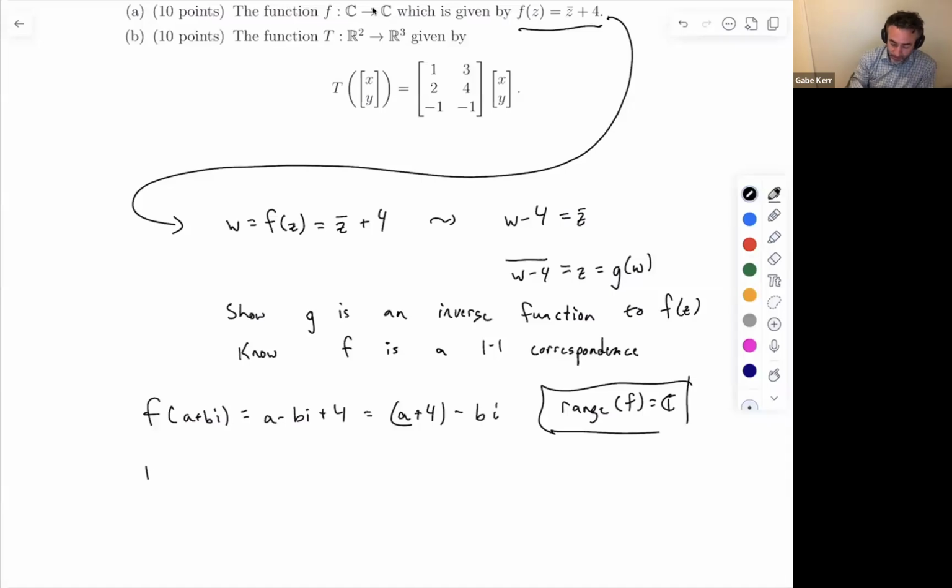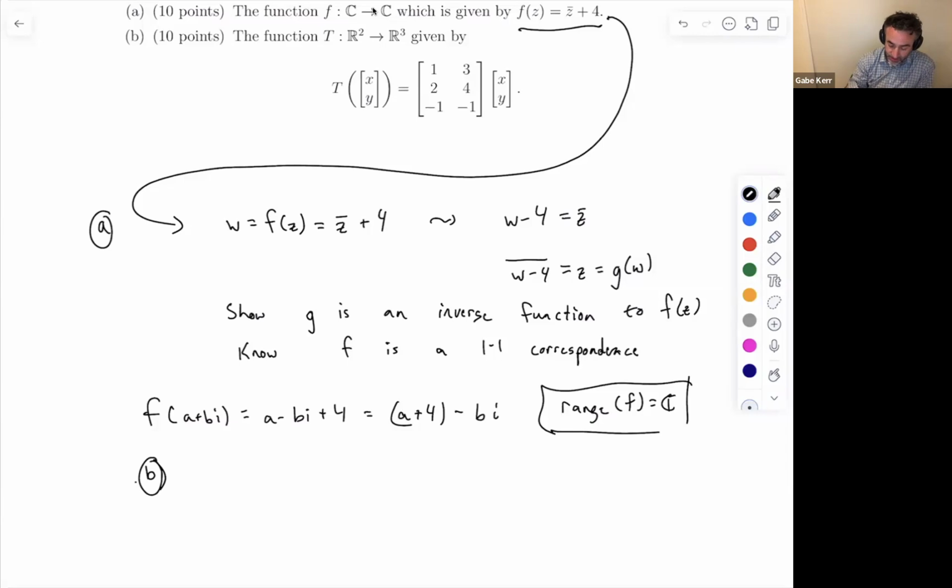All right, for B, we have a linear transformation, which is given by multiplication by a matrix. Well, you can do a couple of things.